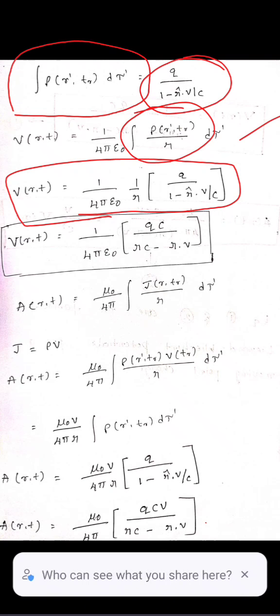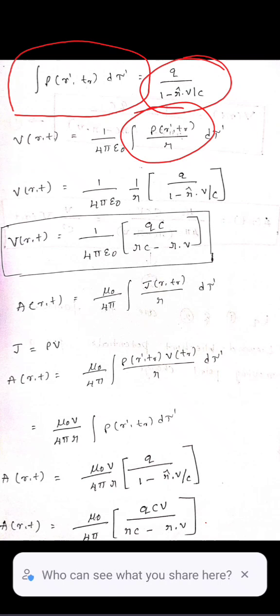After simplification, it gives V(r,t) = 1/(4πε₀) · qc/(𝓇c − 𝓇·v). Here 𝓇 is a scalar, and 𝓇 cap is a unit vector that gives only direction.